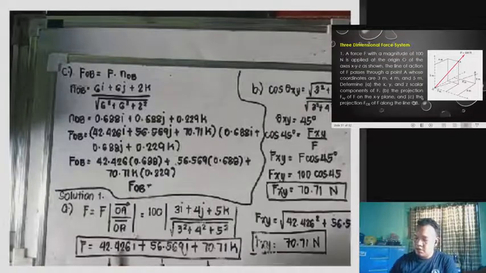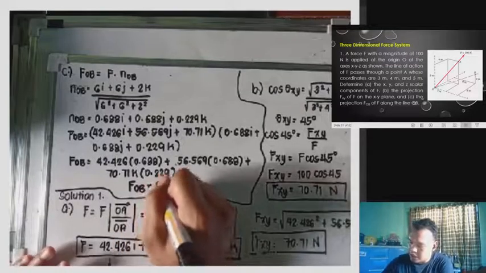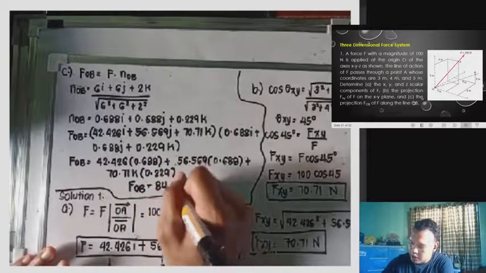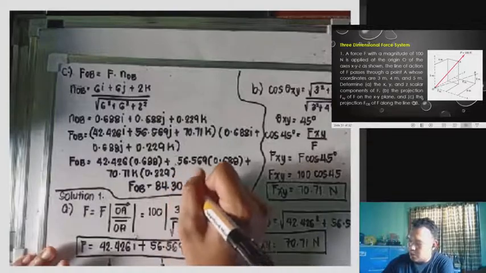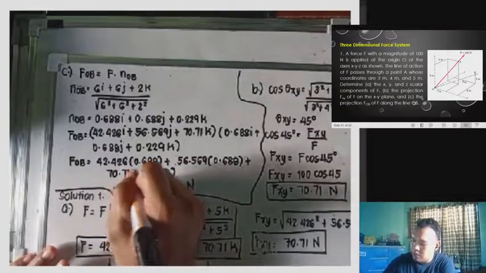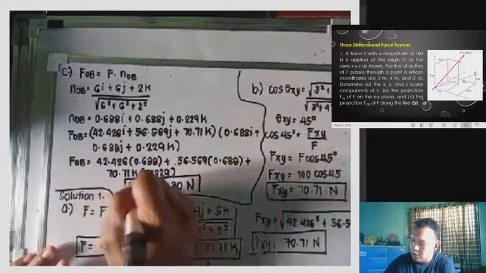We have here 84.30 newtons. So this will be the value of FOB.